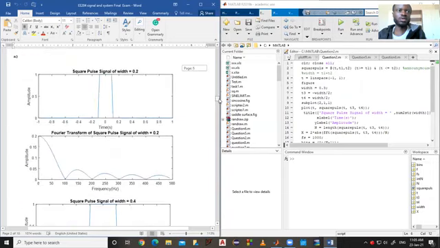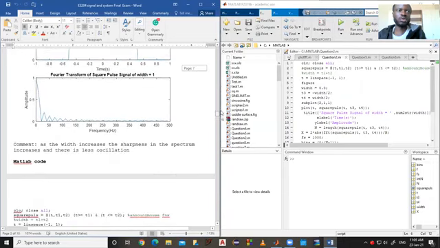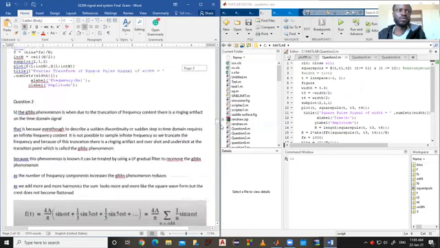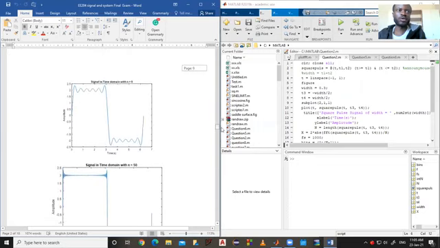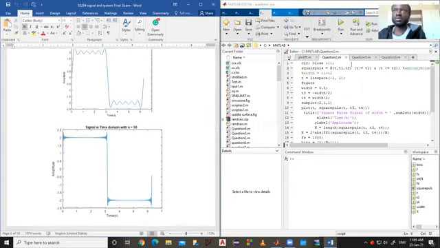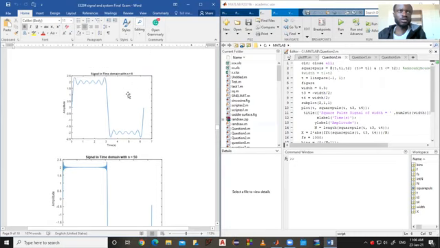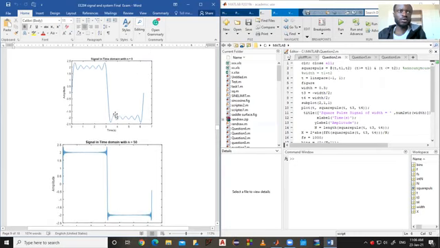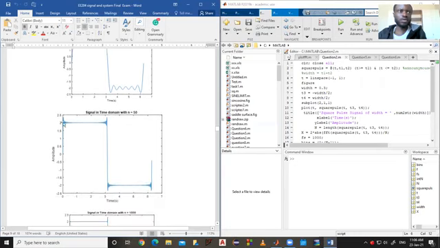By increasing the number of terms, n, from 5 to 50, we're able to get a more flattened out square pulse here, which implies that this is the Gibbs phenomenon, this overshoot and undershoot.